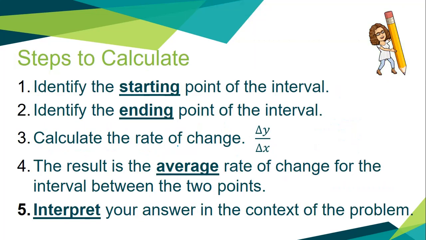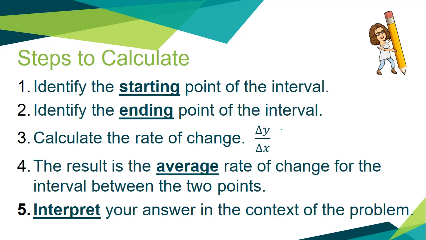So if we look at how to calculate a rate of change, you're first going to want to identify the starting point of that interval. So what's the x and y coordinates of that starting point? Identify the ending point of the interval. Then you're going to want to determine the rate of change, so the delta y over delta x.